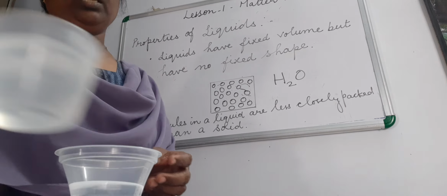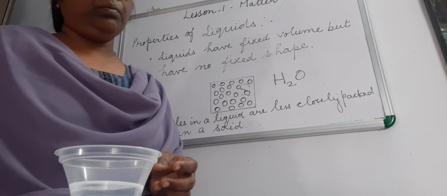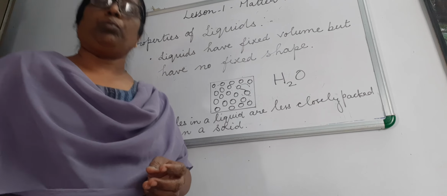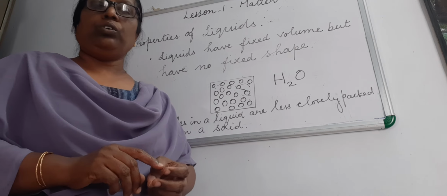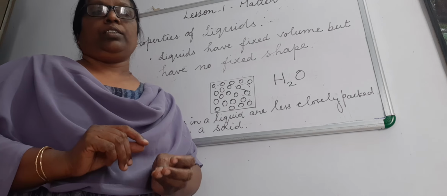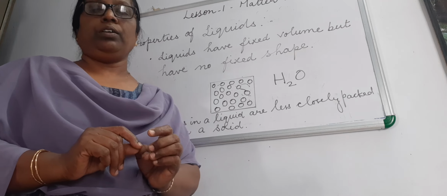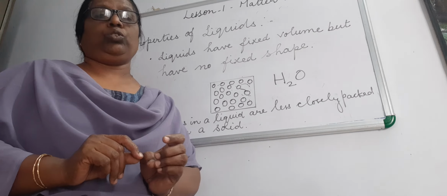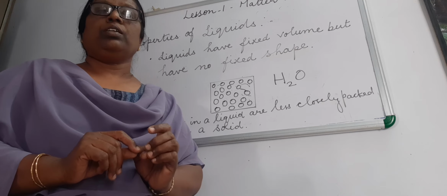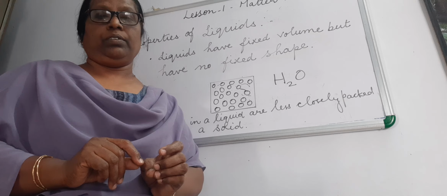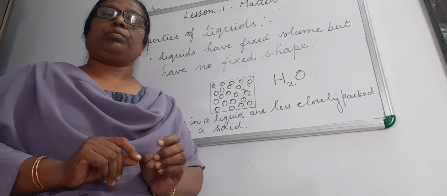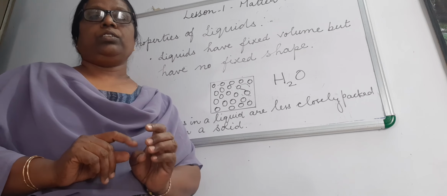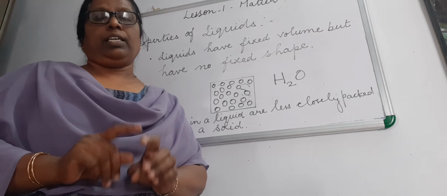Go through it in your book. It's on page number 12 and 13. I hope you have all bought your books and follow each line and try to understand all the properties. These are the basic points which one should know about states of matter. So different states of matter we discussed: liquids, solids and gas.